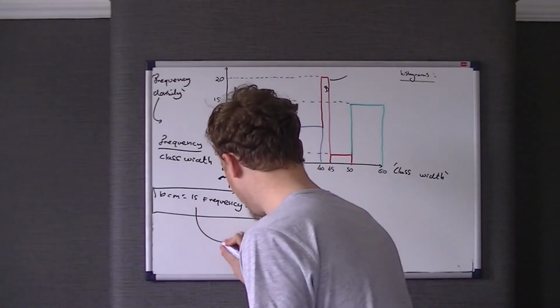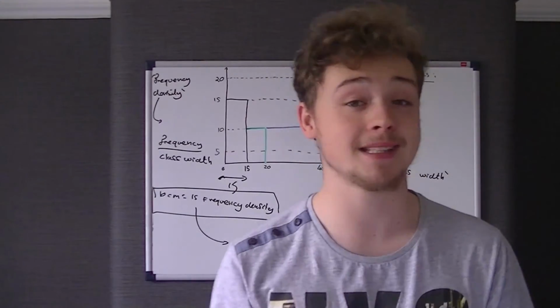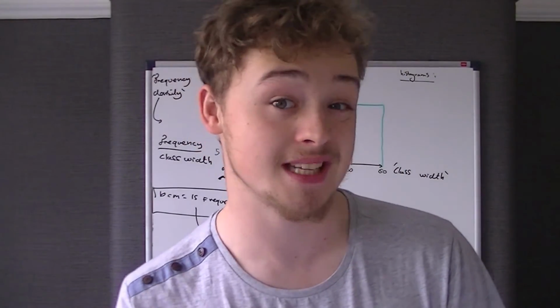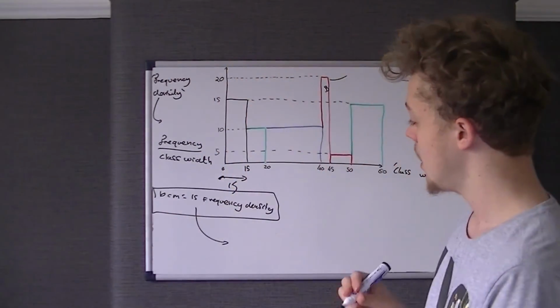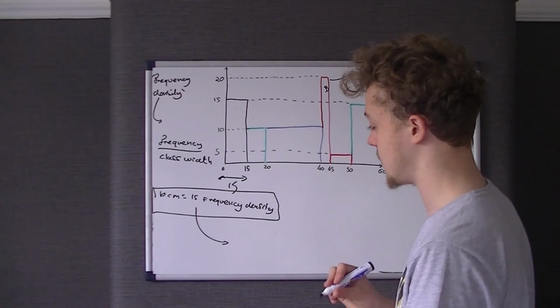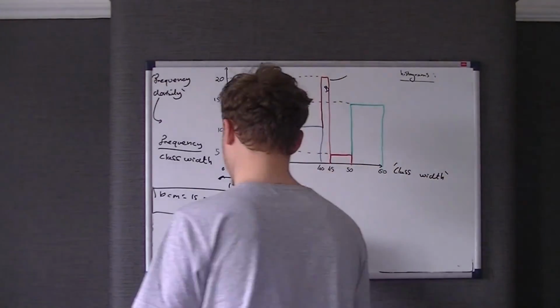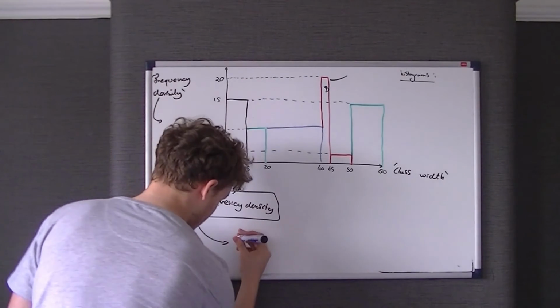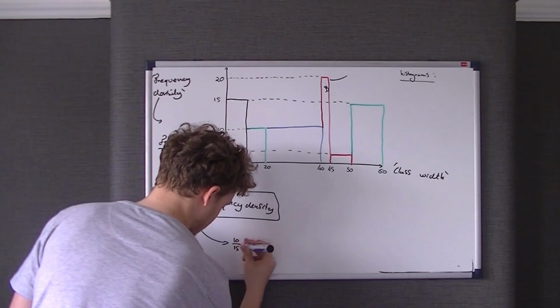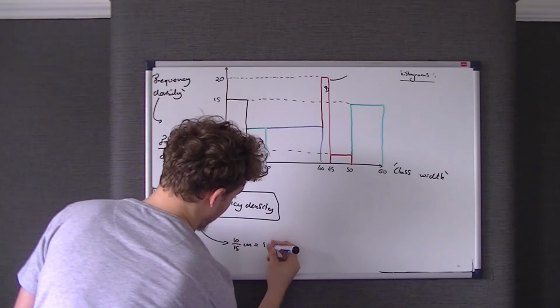So what we need to do is use this ratio that 10 centimetres is equal to 15 frequency densities. How high is one frequency density? Well, we need to divide both sides by 15. So we get 10 over 15 in centimetres is equal to 1 frequency density.